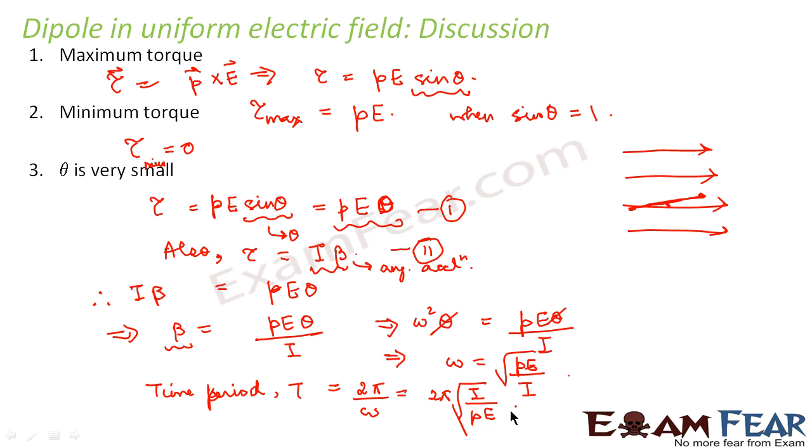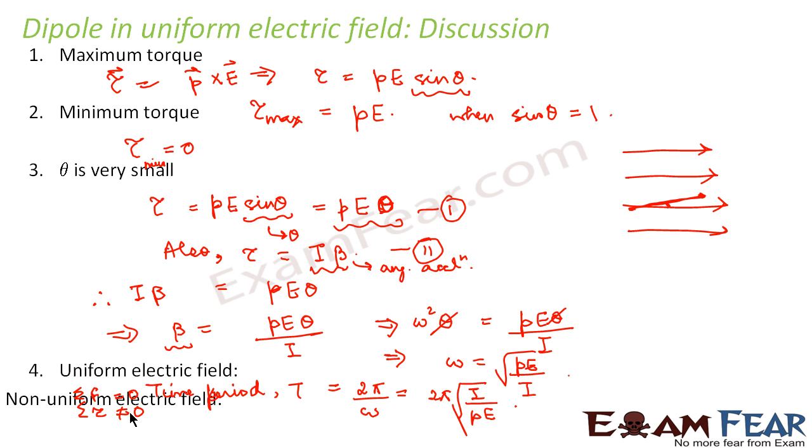So what did we observe? The net observation was that the net force in this case is 0. However, the net torque is not equal to 0. Till now we discussed uniform electric field. In a uniform electric field, the net force acting on the dipole is equal to 0, but the net torque acting on the dipole is not 0.